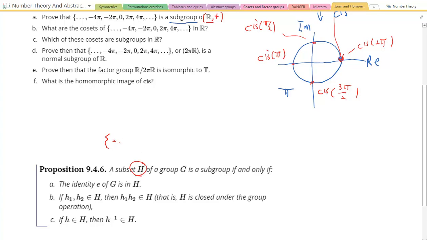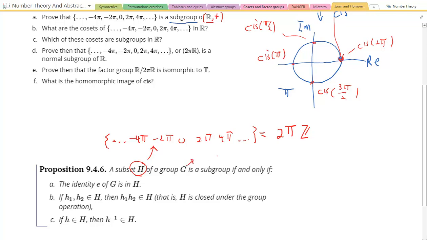minus 4 pi, minus 2 pi, 0, 2 pi, 4 pi, ... You can also write this as 2 pi times Z, because it's every integer multiplied by 2 pi. So this H here refers to this set.